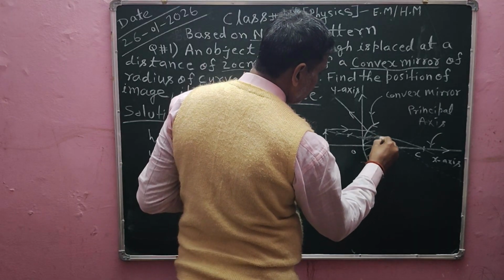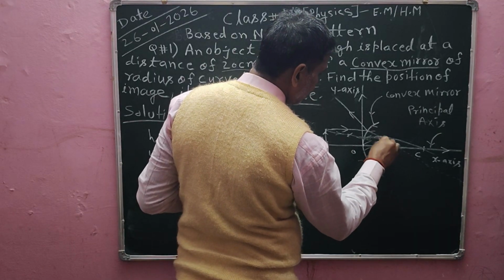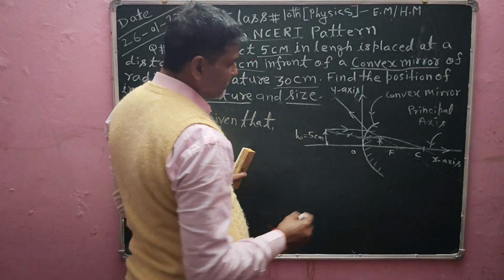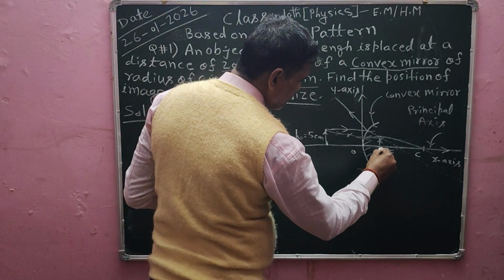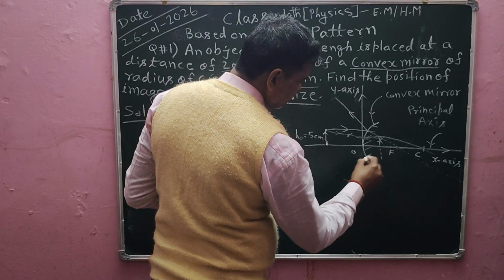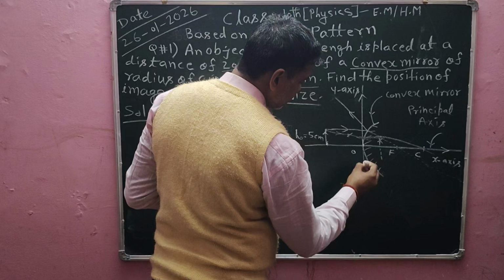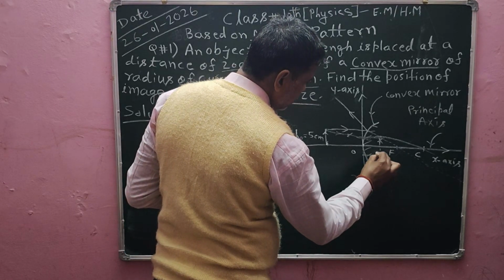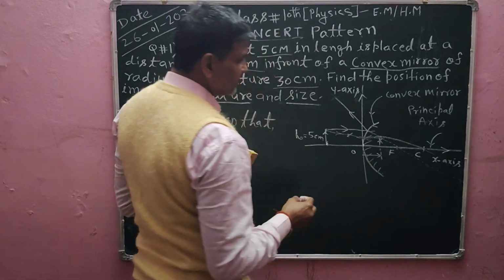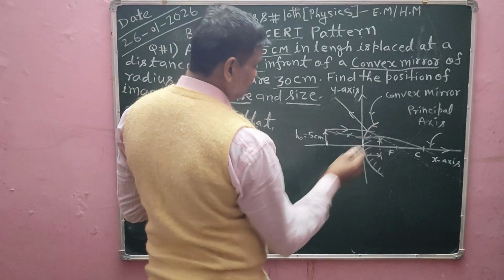So the image will be formed at this distance. So this is the length of the image from the optical center of the convex mirror.